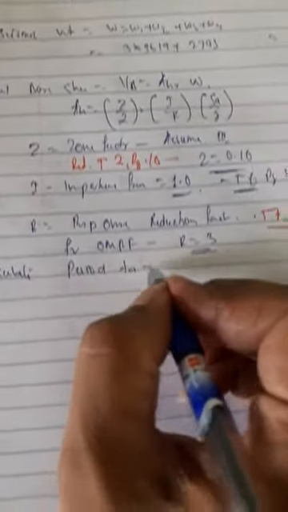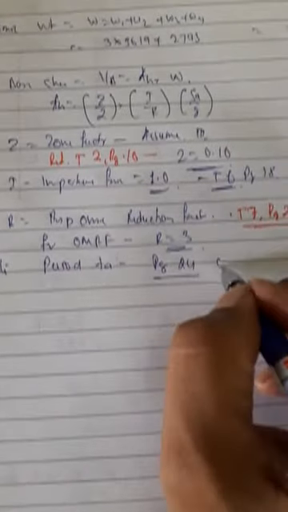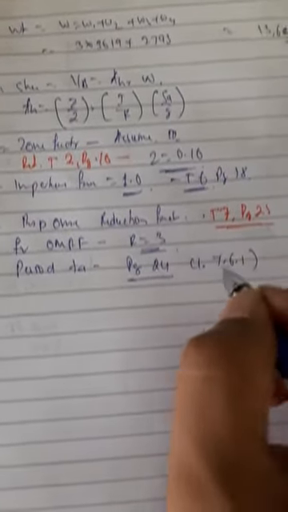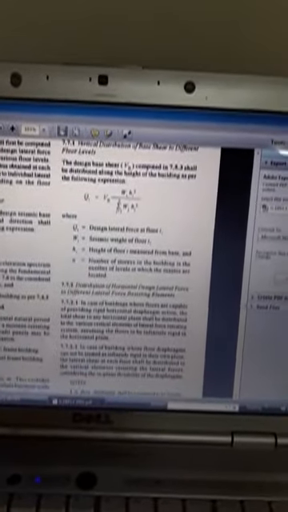period TA. For this, go to page 24, clause 7.6.1. Page 24, it's here. Now, if you look at the problem, let us look at these two equations.